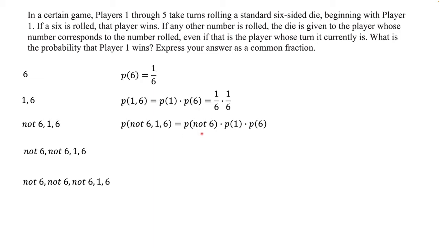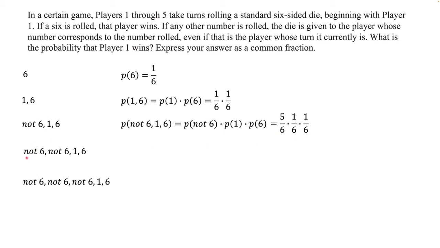Well, you can throw 6 or not 6, right? Those are mutually exclusive events, and the probability of throwing 6 or not 6 is 1. You're going to throw one of those. The probability of 6 is 1/6, as we calculated, so the probability of not 6 has to be 5/6, so together they give us 1. So in this case we get 5/6 times 1/6 times 1/6.